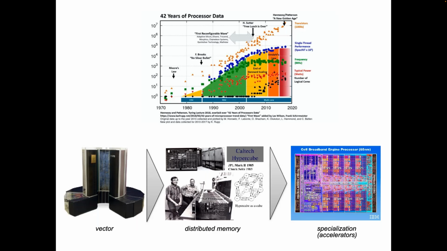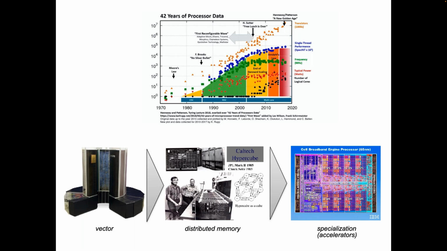So our work has always been driven by HPC. And after 30 years, we start to see a new disruptive change, what I coined the specialization era. In other words, we're using accelerators, which can hopefully accelerate our simulations.